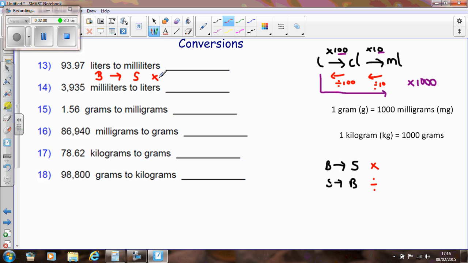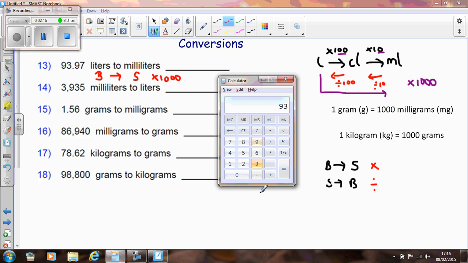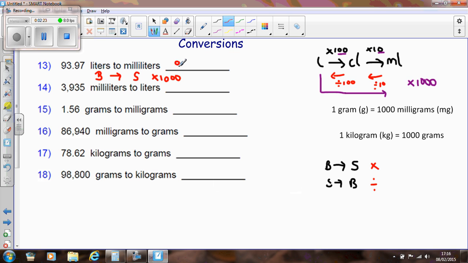So if we times this by 1,000, we'll get the answer. So 93.97 times by 1,000 equals 93,970. And the answer is in millilitres because that's what we're changing into.